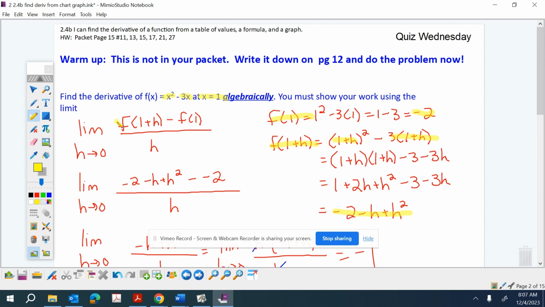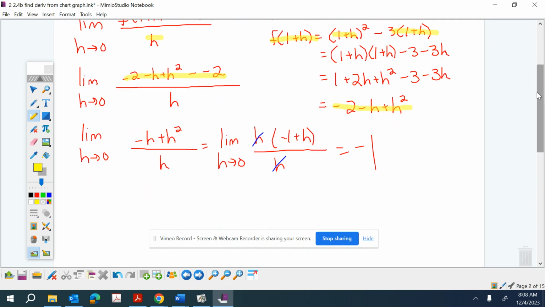All of this goes into the formula here. Remember, we simplify the numerator. We should end up with only h's so that we are able to divide both terms by h, allowing us to get rid of the denominator, so I'm not dividing by 0 anymore, and the answer to this problem is -1.